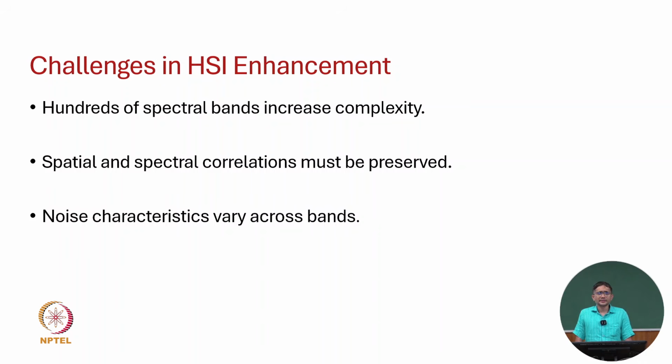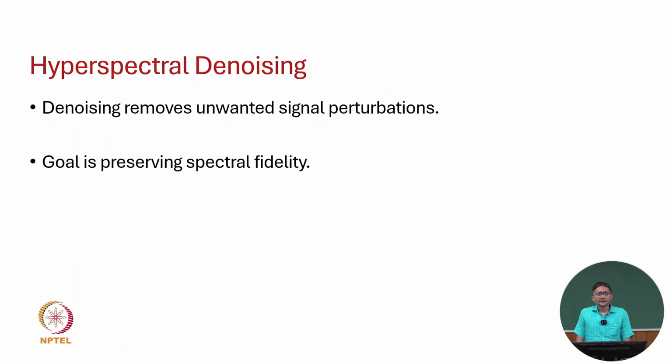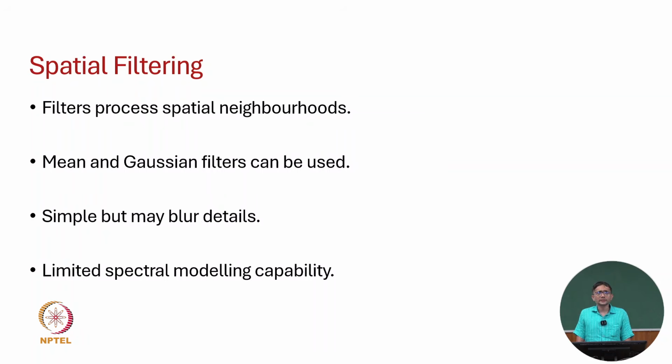Interestingly, in the case of hyperspectral images, the noise characteristics may vary across the bands. Denoising in hyperspectral images is aimed at removing the unwanted signal perturbation while preserving spectral fidelity.